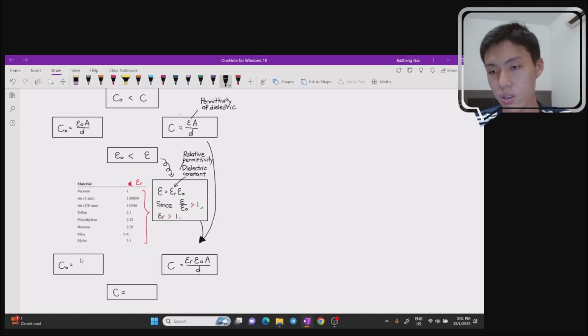Whereas for the one which is vacuum, it will still be the same thing.